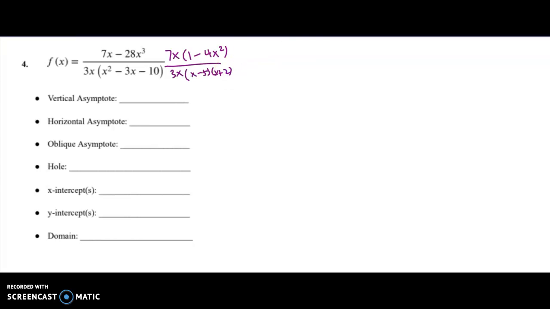Well, I'm also going to notice that here, this is a difference of squares. So this actually factors more to 1 plus 2x, 1 minus 2x. And this would be 3x, x minus 5, and x plus 2.